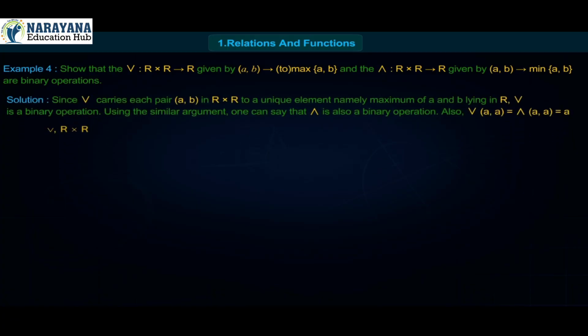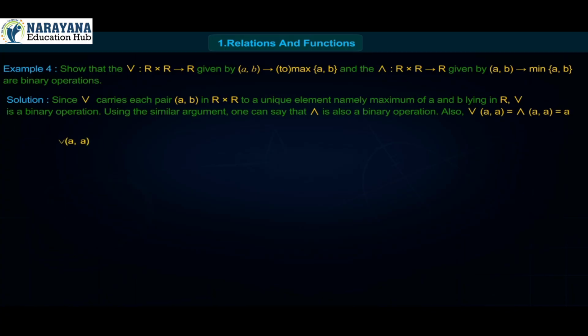Since ∨ carries each pair a, b in R cross R to a unique element, namely the maximum of a and b lying in R, ∨ is a binary operation. Using a similar argument, one can say that ∧ is also a binary operation.